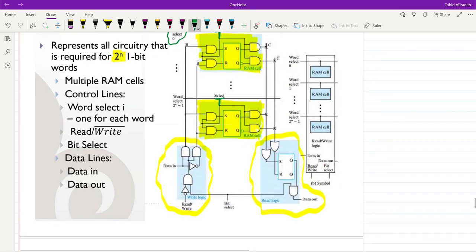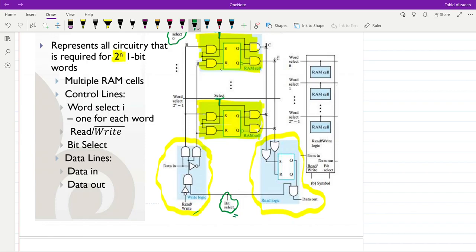Then over here we can see how the reading or writing of the data is performed. The bit select is similar to the chip select. Indeed it is. If it's set to 1, it means that this piece of memory is selected. If it's set to 0, it means that this piece of memory is not selected. And we can see it over here as well. Let's follow it.